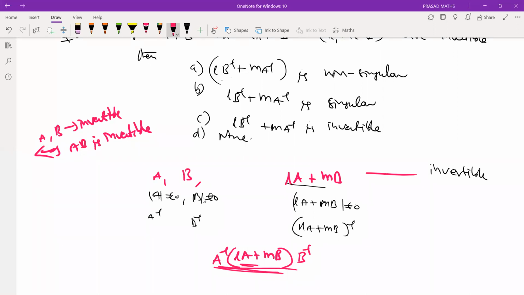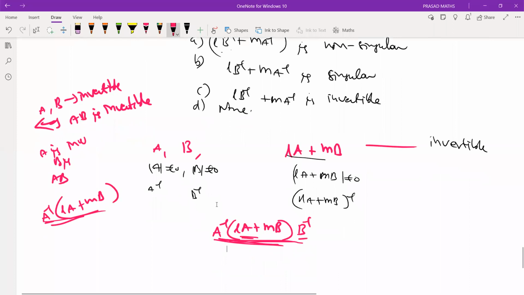Yes or no? A invertible and B invertible means A into B is invertible. Similarly, LA plus MB is invertible, A inverse is invertible, therefore the product is invertible. Similarly, this product is invertible.